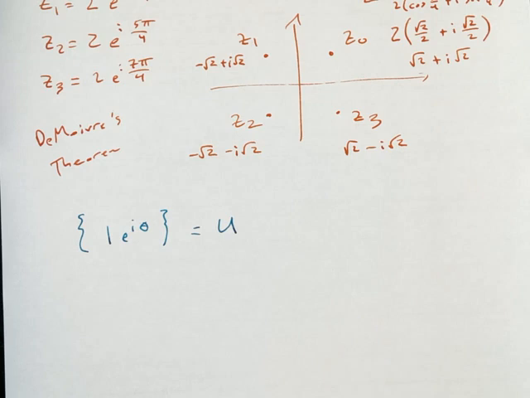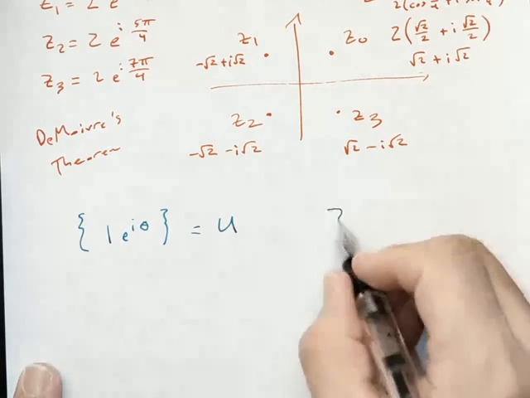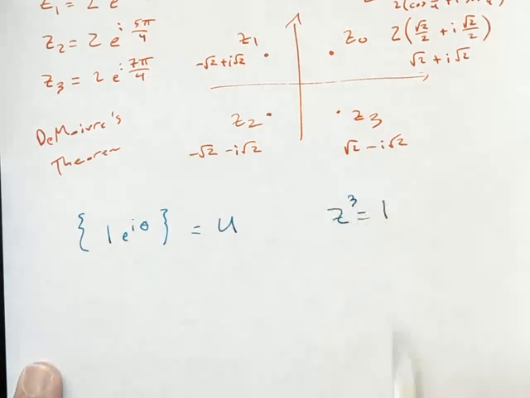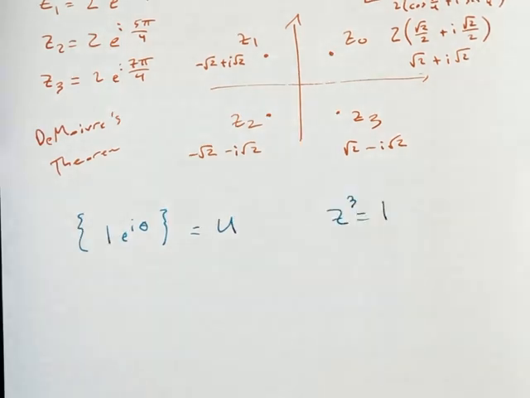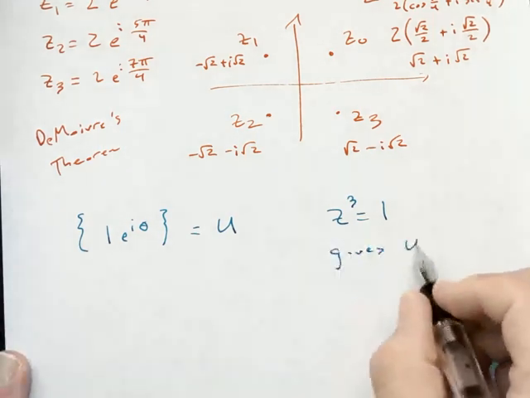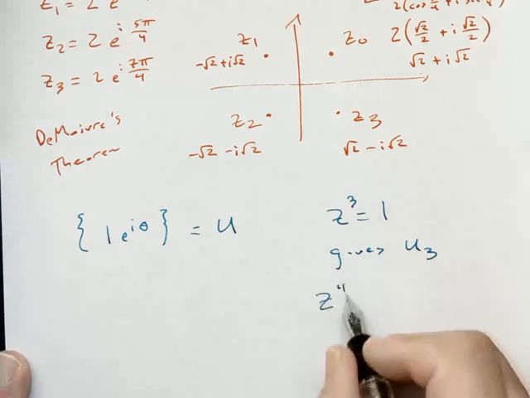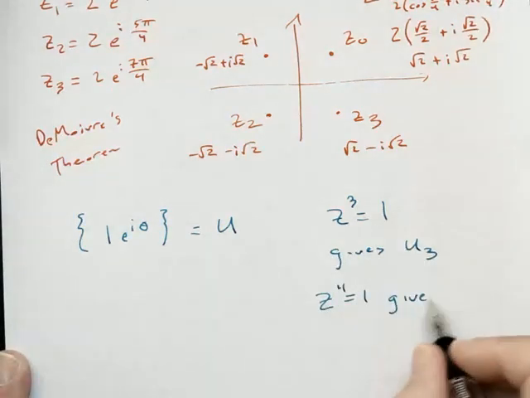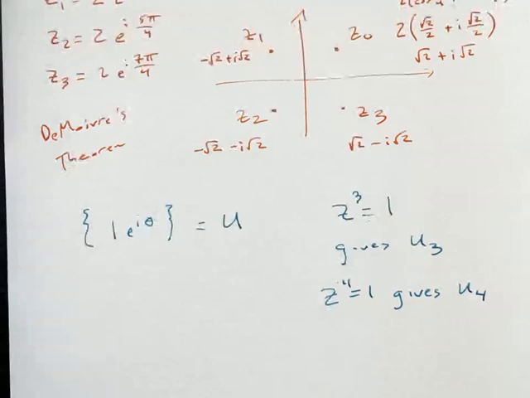U3 and U4 live in this circle. Not only that, U3 are the roots for z cubed equals 1, and z to the fourth equals 1 gives you U4.